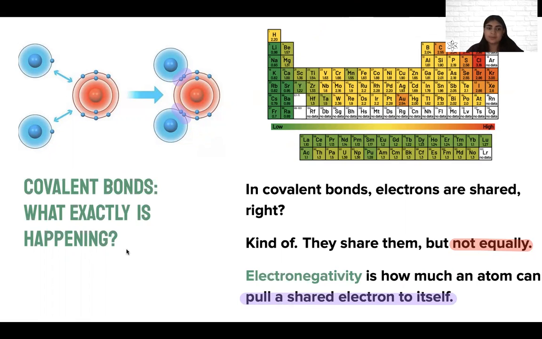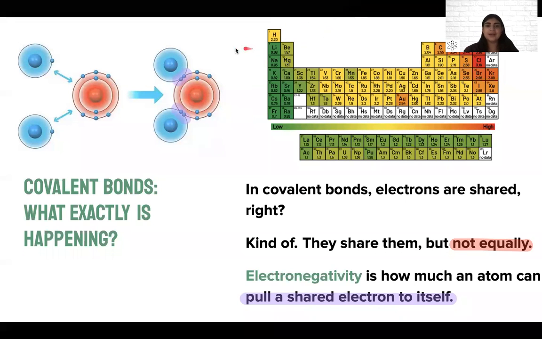Over here, we can see a periodic table that has the electronegativities of every element. The more reddish it is, the higher the electronegativity, and that means that it can pull a shared electron to itself more. The more greenish it is, the lower the electronegativity, so it can pull a shared electron to itself less.